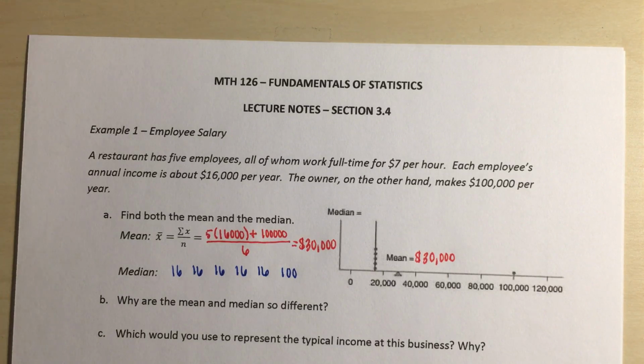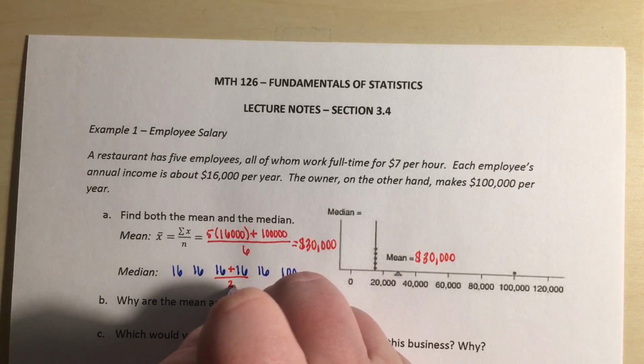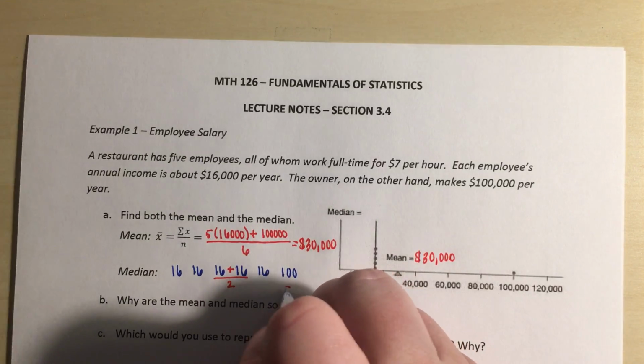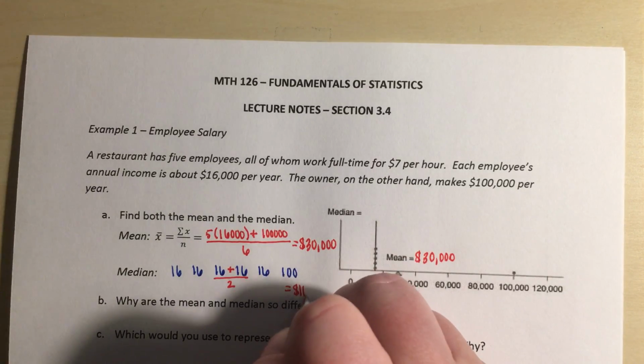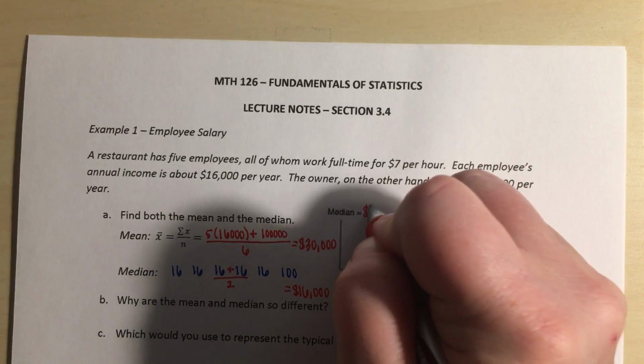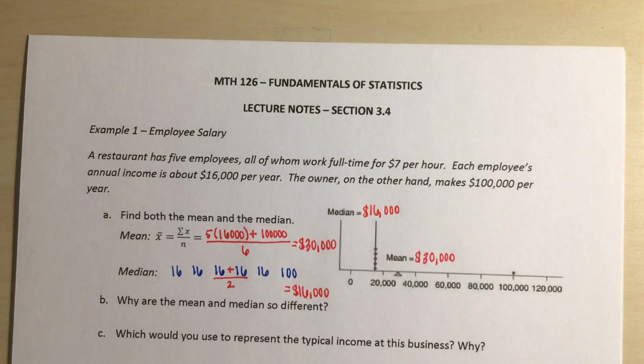And then to find our median, since we have an even number of data values, we're going to add the middle 2, divide it by 2. Since they're the same, it's just going to give us the exact same thing that we started with. So our median is going to be 16,000. Right, so we have a median of 16,000, a mean of 30,000 for this problem.